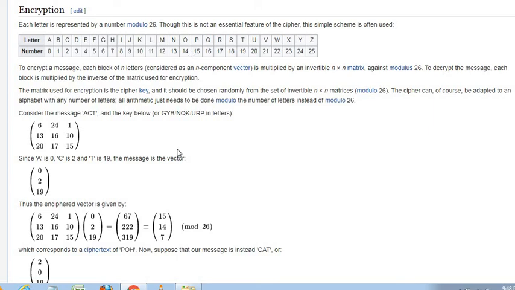To encrypt a message, each block of n letters is multiplied by an n cross n matrix, against modulo 26.